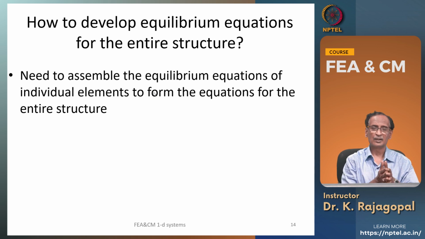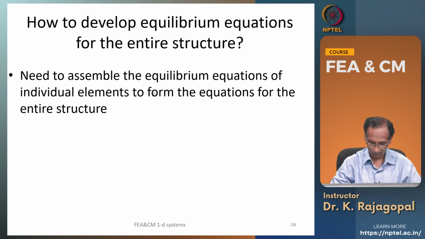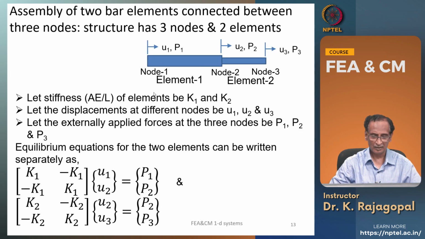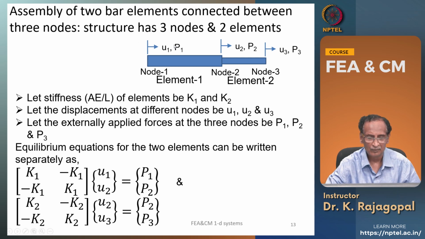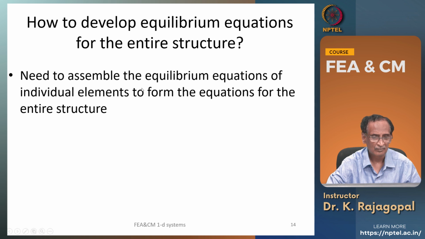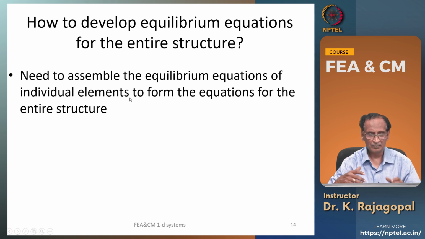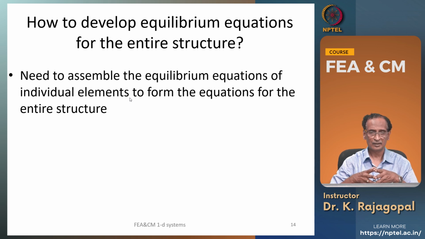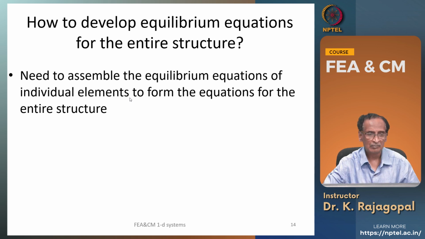Now we have determined the equilibrium equations at the element level for element 1 and element 2 separately, and we need to form the equilibrium equations for the entire structure, and that we can do by assembly of the contributions from different elements.